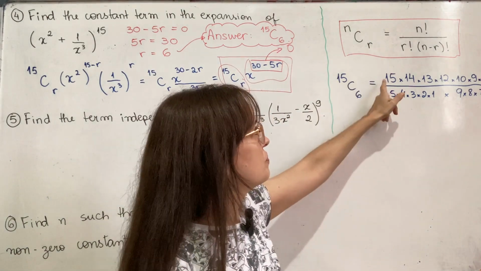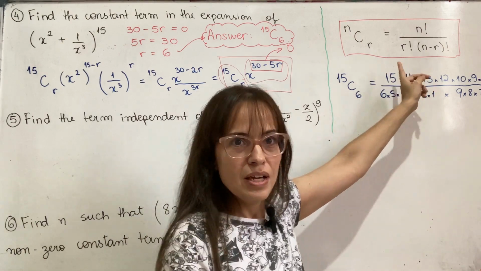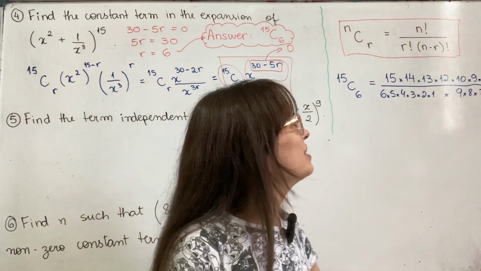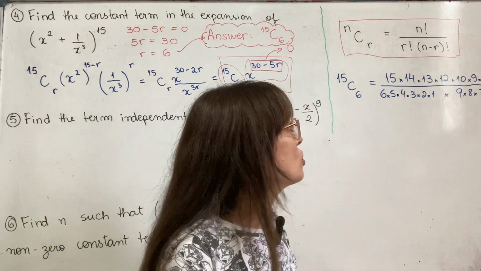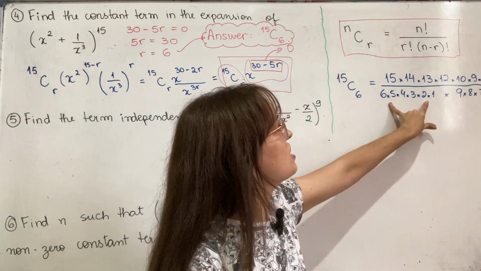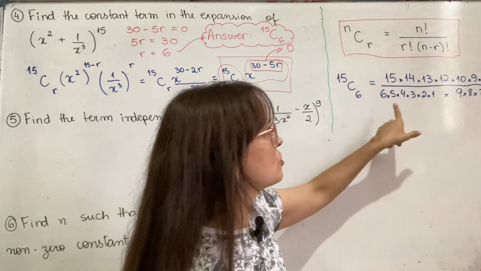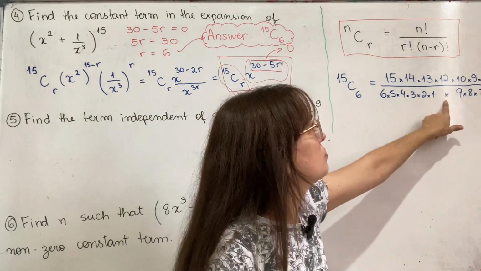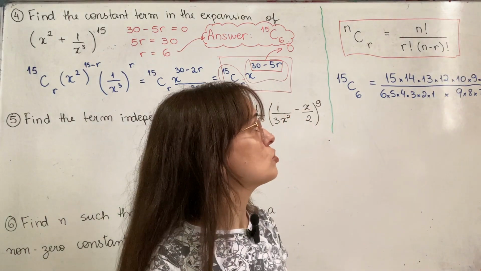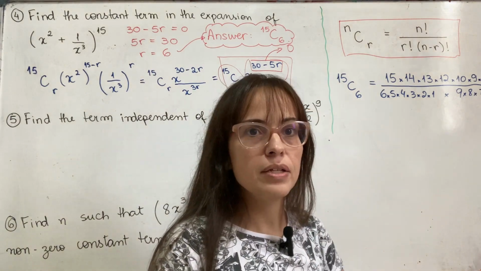For example, 15 factorial is 15 times 14 times 13, and you can't even see the end of that line because it's off camera, but it's not surprising, it keeps going. And then down here I have 6 factorial, which is my r, so it's just 6, 5, 4, 3, 2, 1, then multiplied by the n minus r factorial, and n minus r is 9 because it's 15 minus 6.